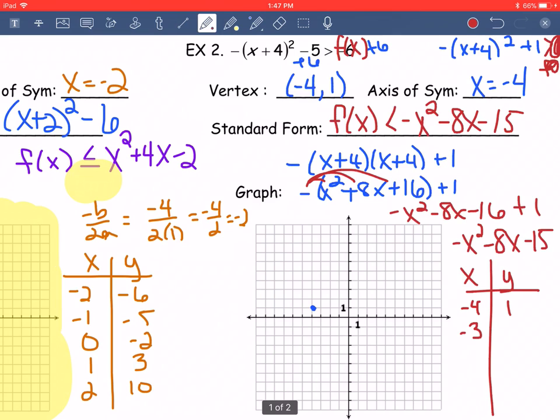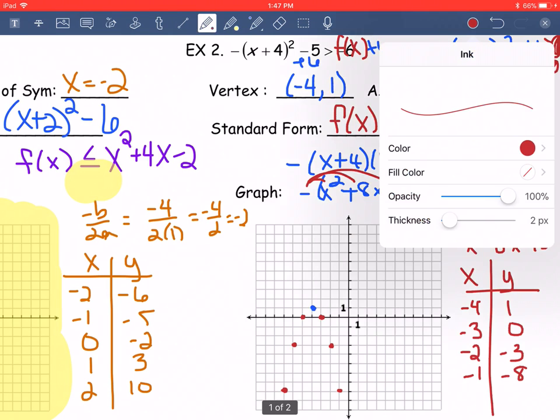When x is negative 3, I have 0, and same for the right side. When x is negative 2, I've got negative 3. And when x is negative 1, I've got negative 8. Okay, so that's about as many points as I can get.